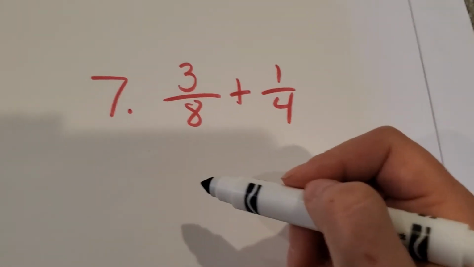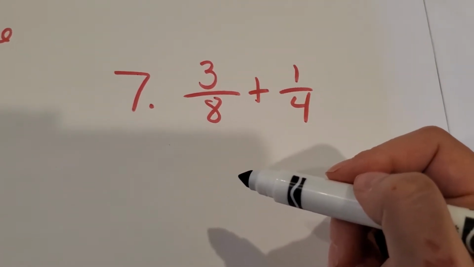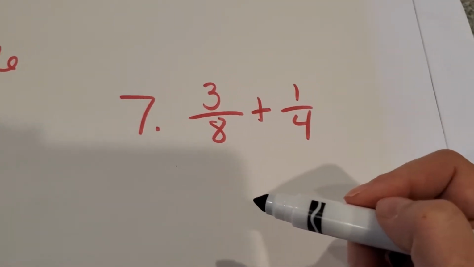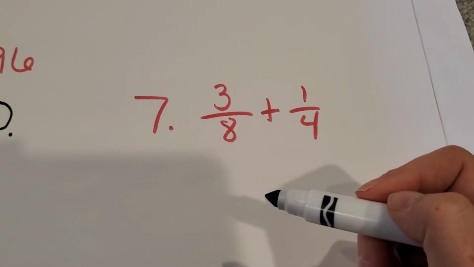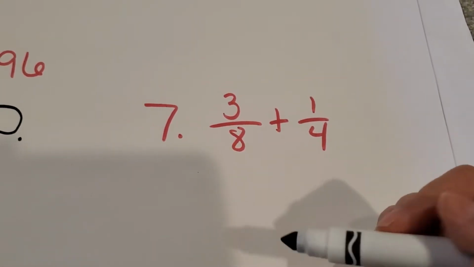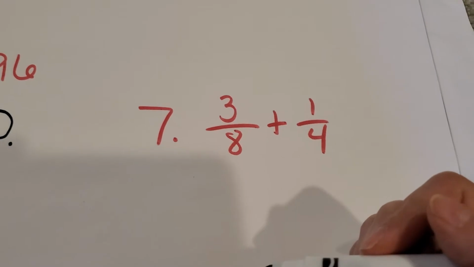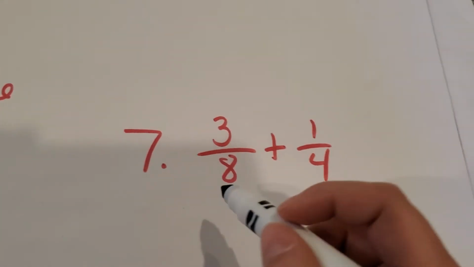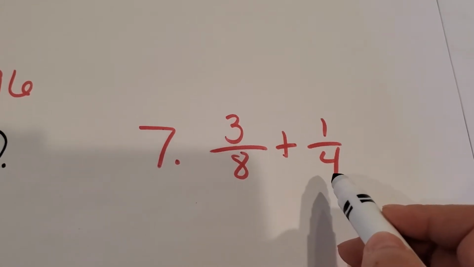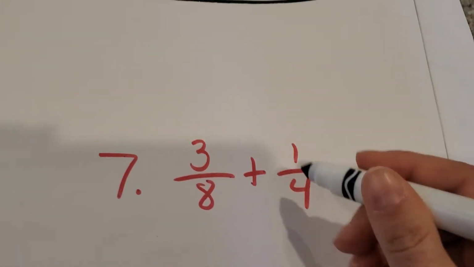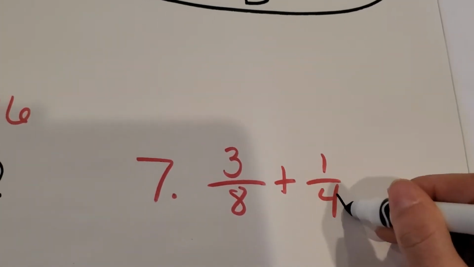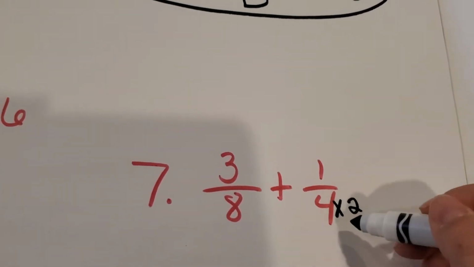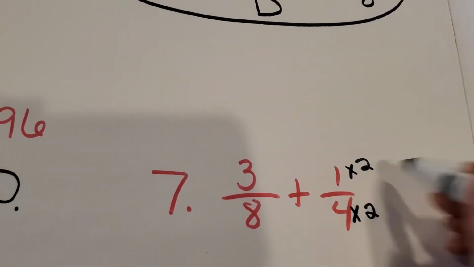Number 7, 3/8. Let's read the whole problem. Anali ate 3/8 of a pizza. His friend ate 1/4 of the pizza. How much did they eat all together? So it wants us to add these because all together means to add. So first thing we need to do is get our denominators the same. The 4 can become an 8 by multiplying by 2. Whatever I do to the bottom, I have to do to the top.